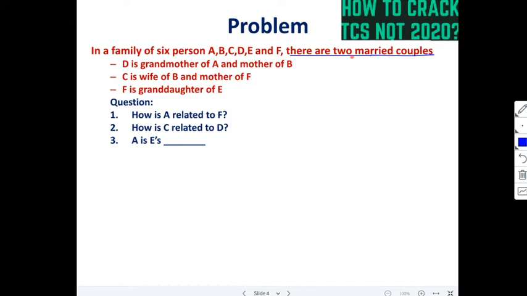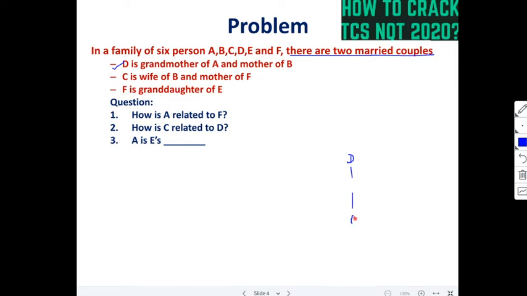So let me keep this input aside. While drawing the chart, we have to take this into consideration. Now the first input I have taken as this. D is grandmother of A, which means second generation, right?